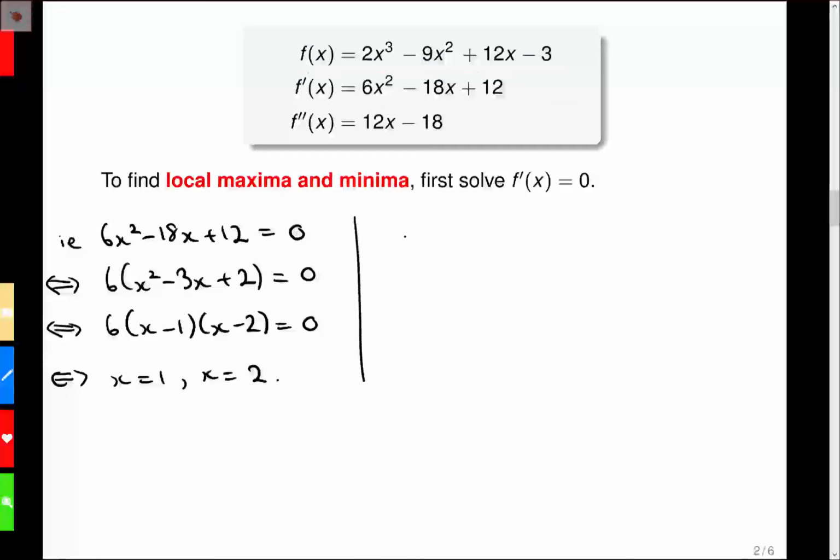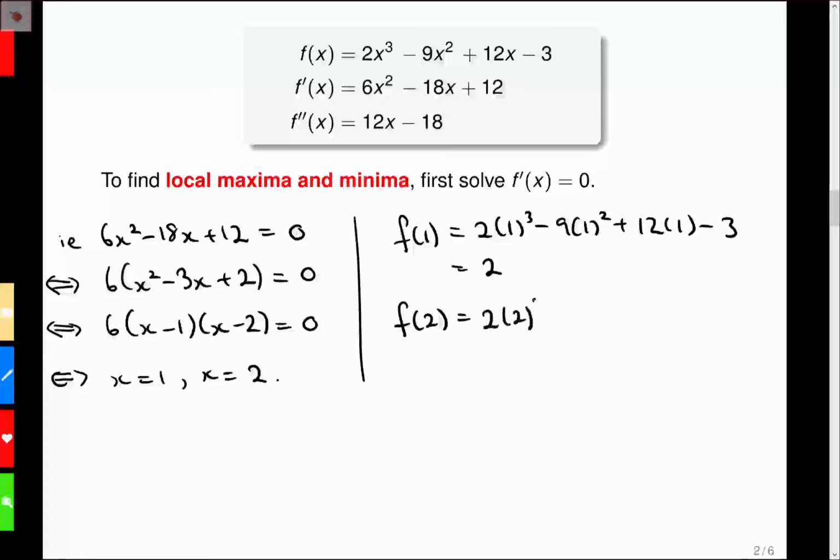Thus the y value at x equals 1 is given by 2 times 1 cubed minus 9 times 1 squared plus 12 times 1 minus 3, which turns out to be 2. And the y value at x equals 2 is given by 2 times 2 cubed minus 9 times 2 squared plus 12 times 2 minus 3, which turns out to be 1.